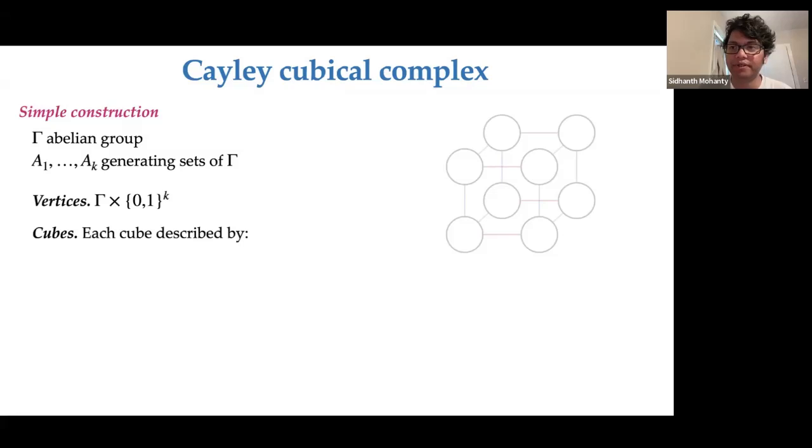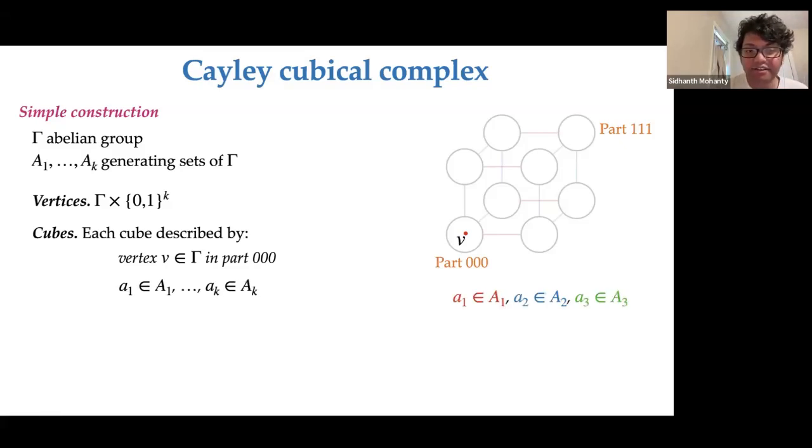And each cube is going to be described by, first, I tell you a single vertex in part 0, 0, 0. So part 0, 0, 0 is the bottom left part, and part 1, 1, 1 is the top right inside part. So I first tell you the vertex, the member of this cube in part 0, 0, 0.